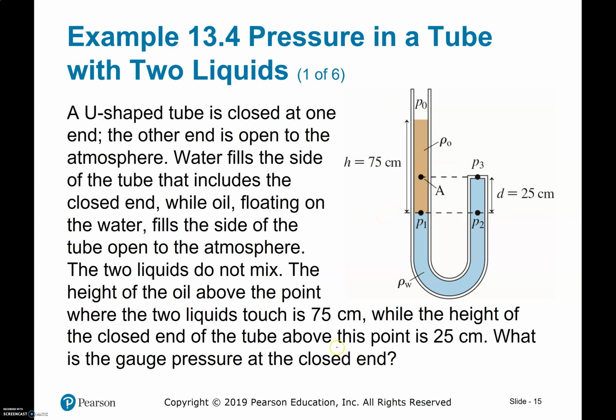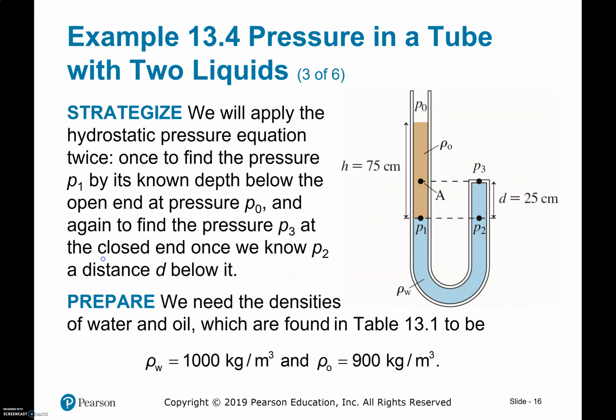We want to find the pressure at the closed end, this pressure here. If we trace a horizontal line, this pressure is this. So we need to find that pressure there, but we cannot just do that. We need to take into account a few things. So let's just look at how to do that problem.